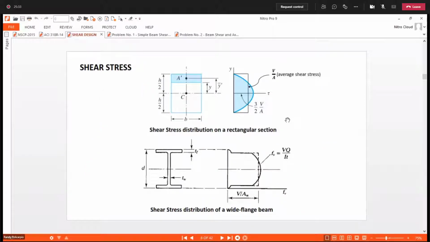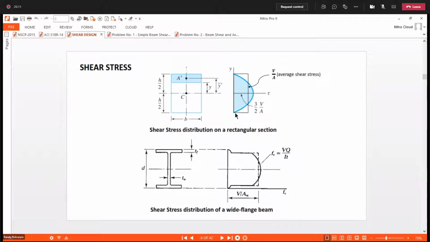When you plot it, this is the continuation, so that at least we can imagine it. For a rectangular section, this is the diagram. When you take different y distances from the neutral axis, you are plotting the shear stress diagram. It is actually parabolic in shape.